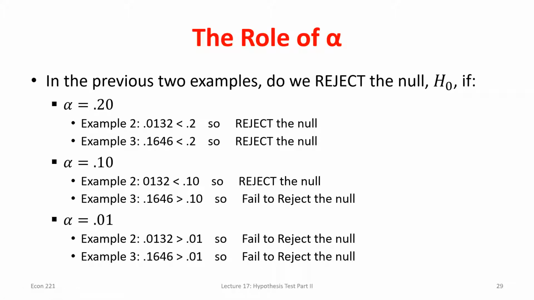Okay? Now, usually in a problem, you're given one, like you're asked, can you reject it at the 95% level, right? Or can you reject 95% confidence level? Or can you reject it at the 5% significance level? Right? You're just asked about one specific one. Once we have that p-value, we can compare to any alpha that we want.